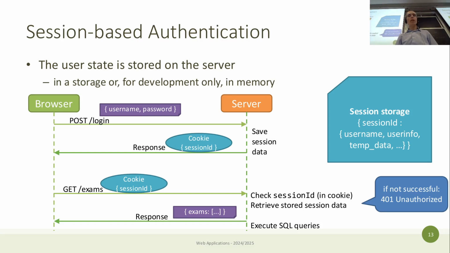If the request does not require authentication, it doesn't matter: the server just answers without checking the session ID. If the request requires authentication, we check the session ID, we check the user, and we check if the user is authorized.